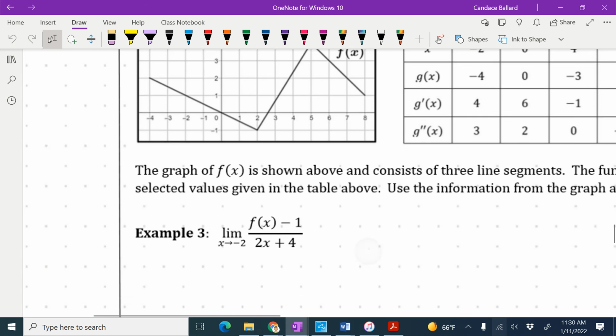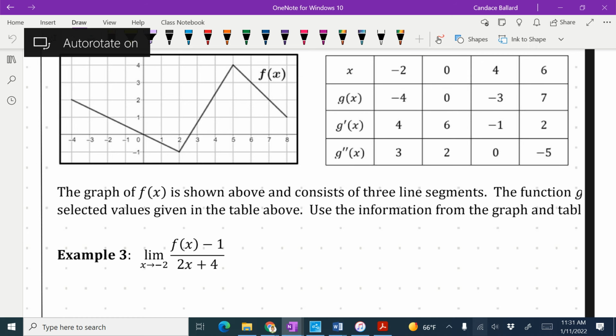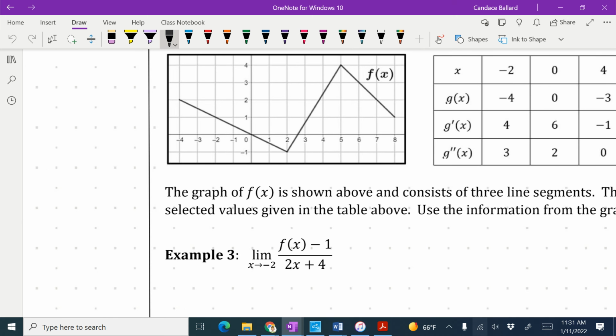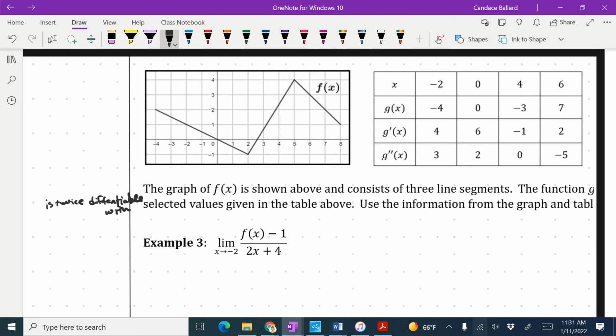All right, so we are working through example 3. There is a little bit missing in the instructions there, so let's add that in really quick and then you can read it to yourself. The words in front of the selected values should have been "is twice differentiable with," and then it should have said "table" to answer the following.